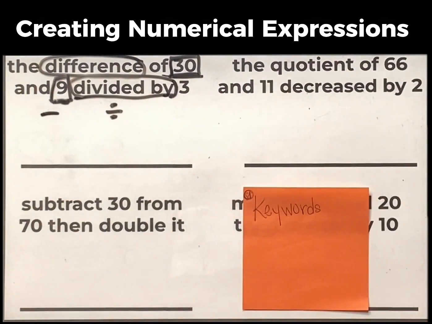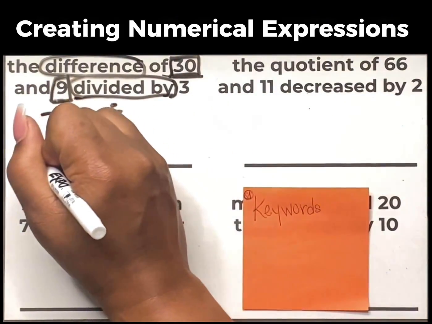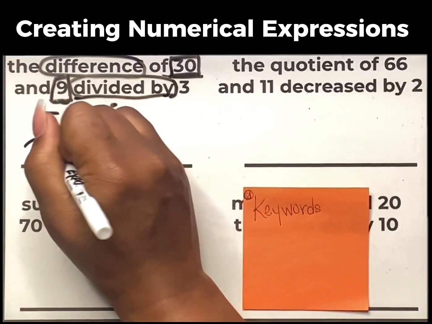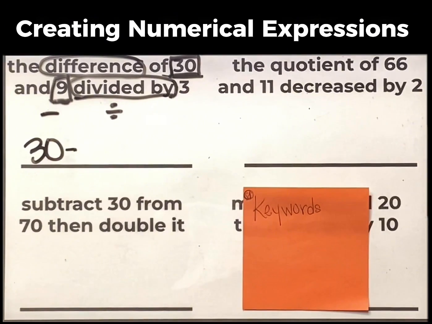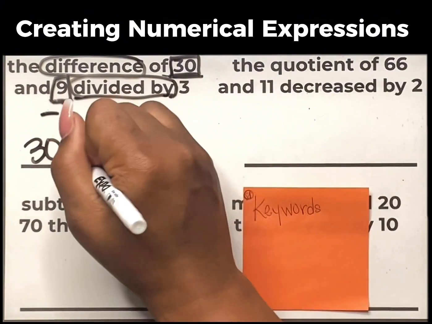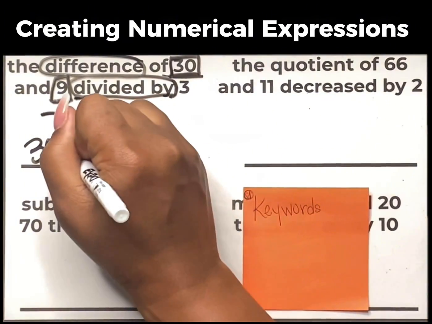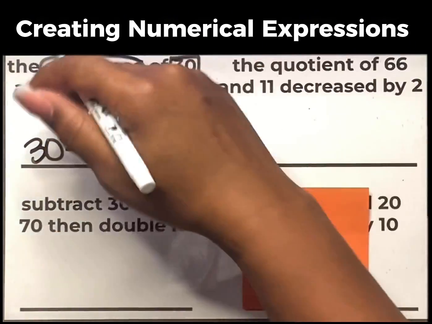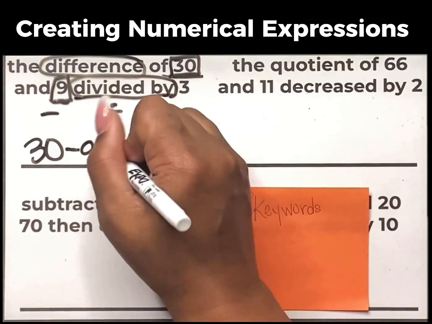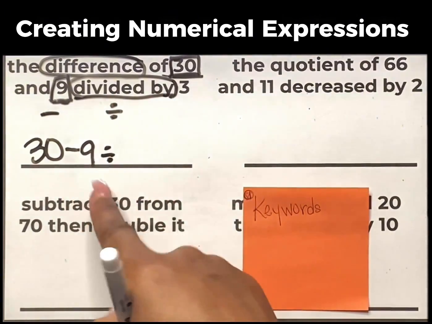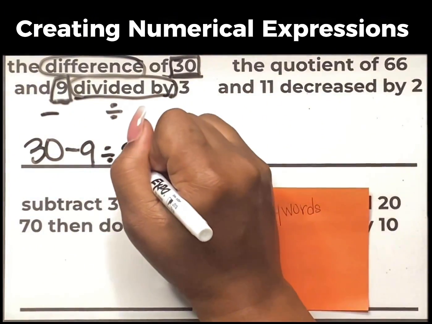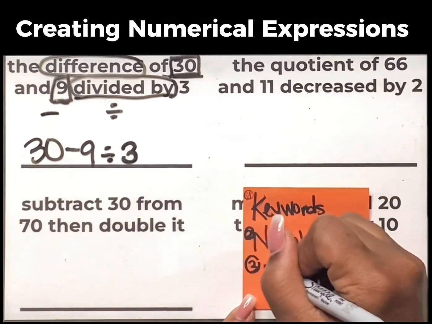So we have difference of 30 and 9. So let's start creating the expression. Put 30, subtraction sign, place 9. The difference of 30 and 9 divided by what? 3, right. So put your division symbol and 3.